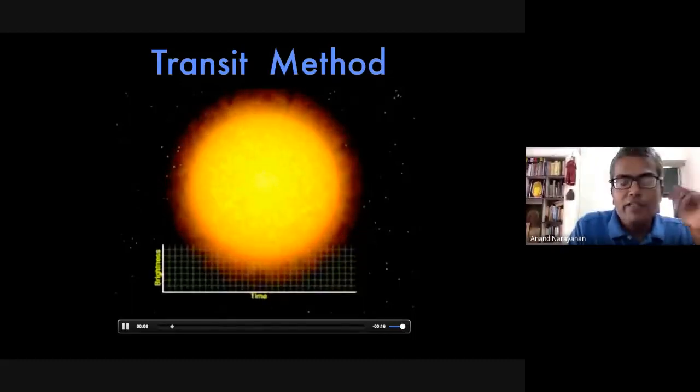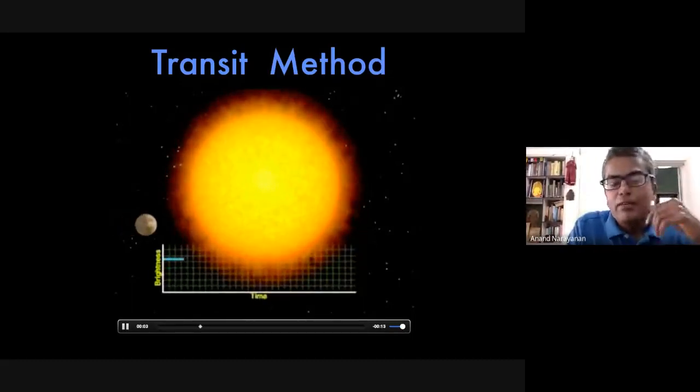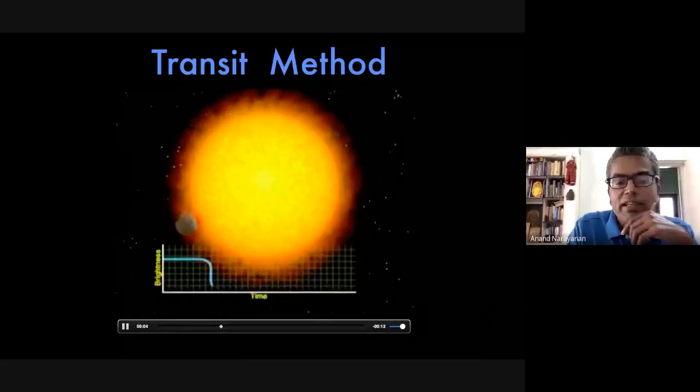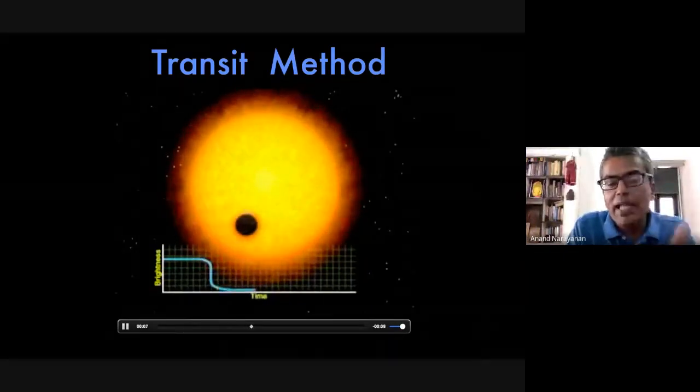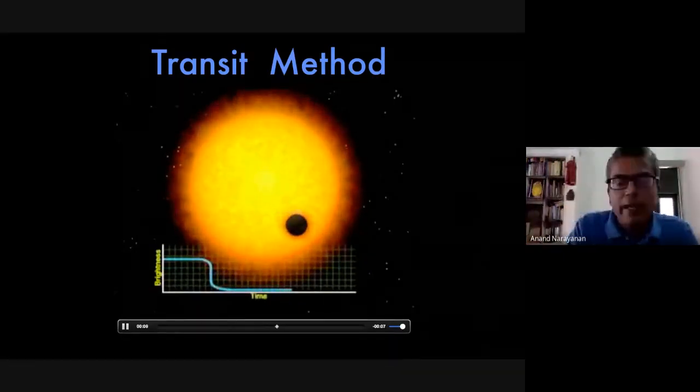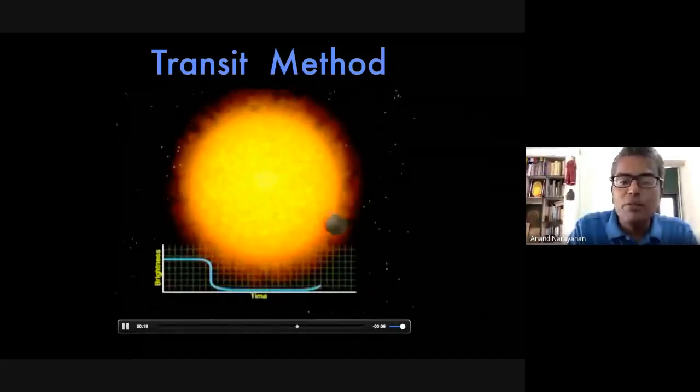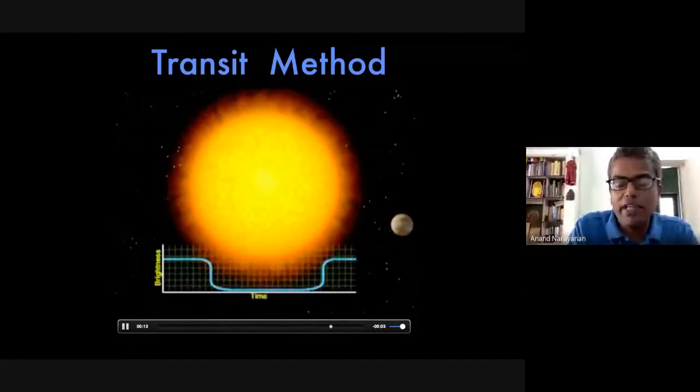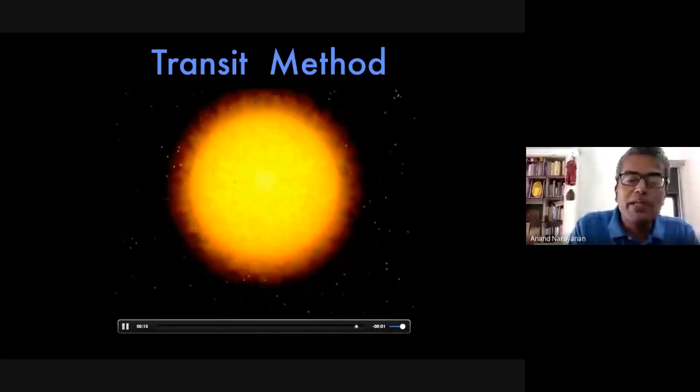So I'll just show it once again. We are measuring the brightness. The brightness is constant initially, but when the planet moves in front of the star, the brightness dims for a small fraction of time, and then the brightness picks back up to its normal value.